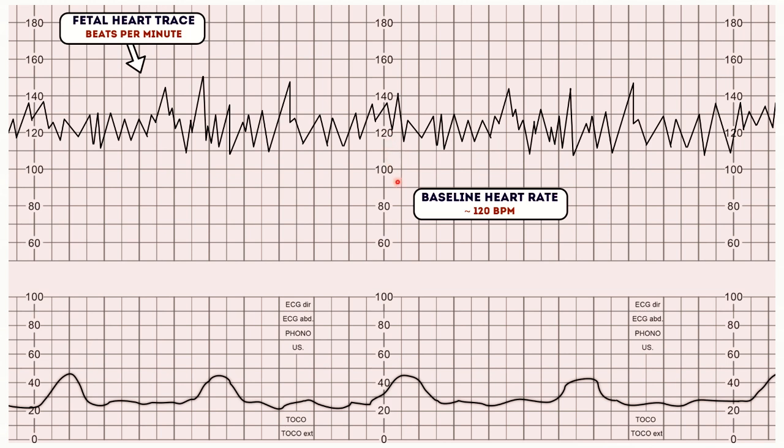So we can say that the baseline FHR for this graph is 120 beats per minute. And as I have already mentioned, the normal baseline FHR ranges between 110 to 160 beats per minute. So the FHR here can be considered as normal.